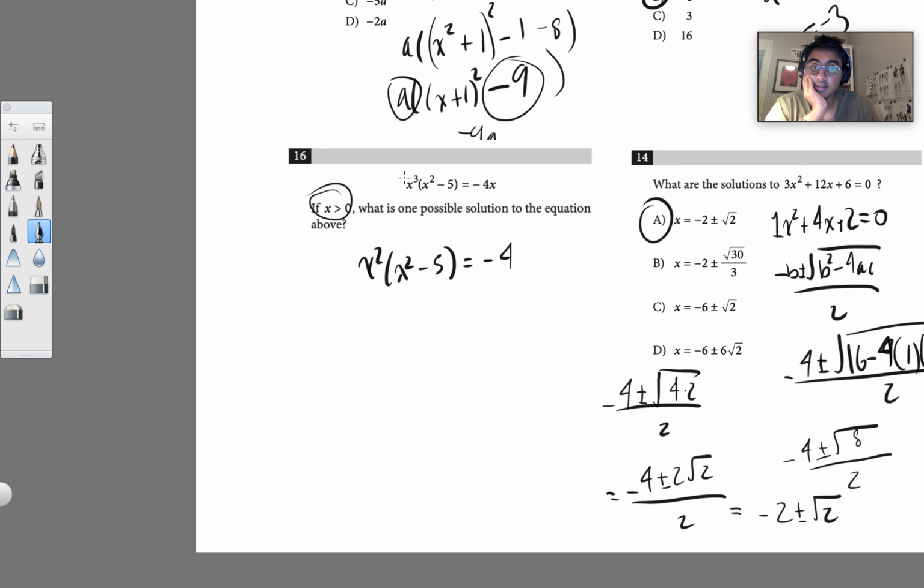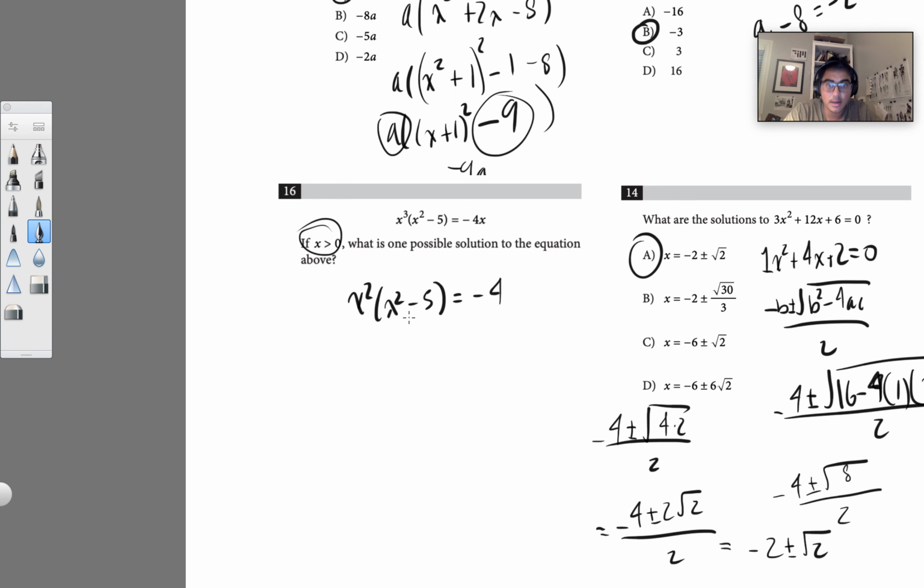It's easy to just plug in 0 and move on to the next question, because 0 is a possible solution, but here it says x is bigger than 0. So don't forget to read the questions thoroughly, because there could always be something to throw you off. So yeah, just be careful. Okay, so x squared times x squared minus 5 equals negative 4.